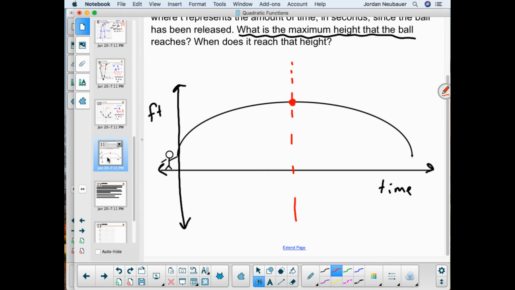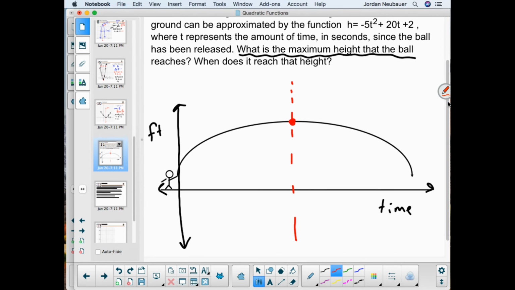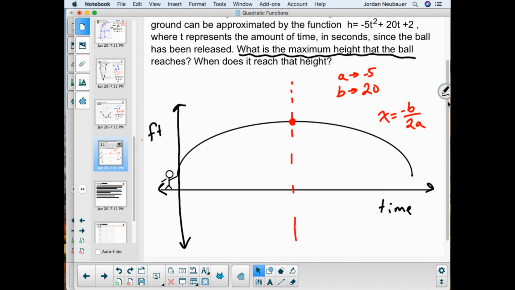So we've got the equation negative 5t squared plus 20t plus 2. In that equation, the a value is negative 5 and the b value is positive 20. Remember, our equation for axis of symmetry is opposite b over 2 times a. So with this problem, we're going to throw 20 in for b.